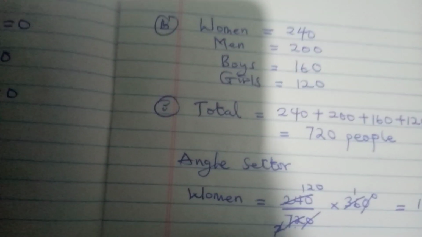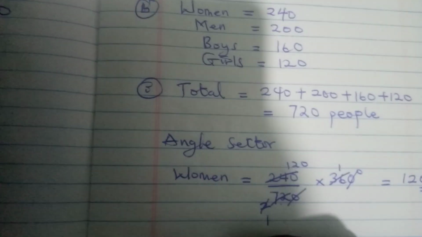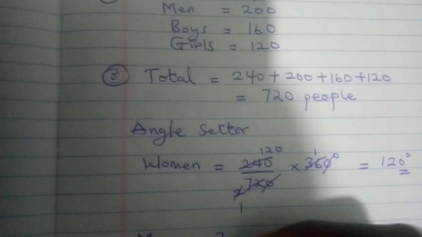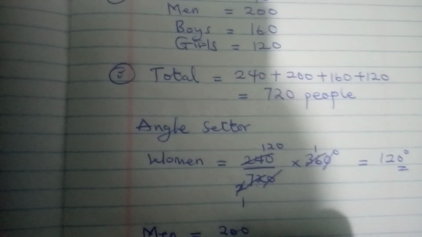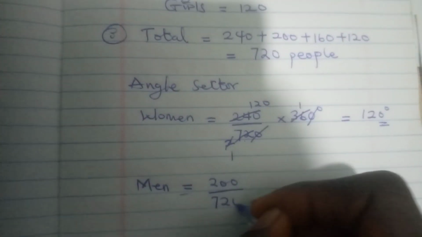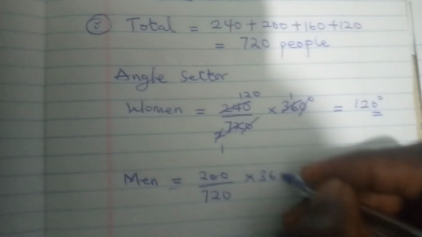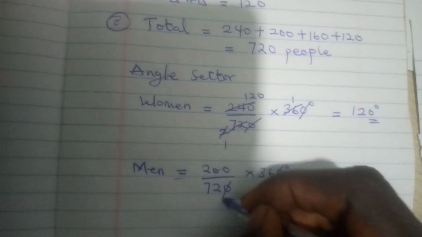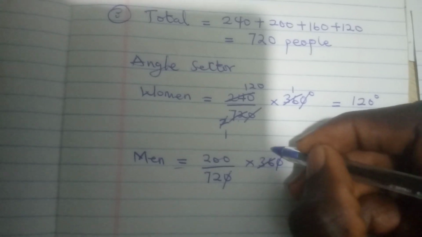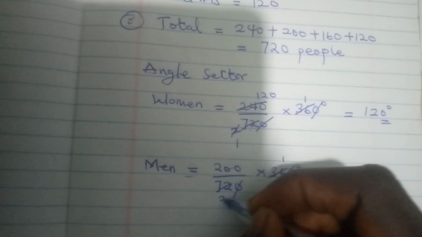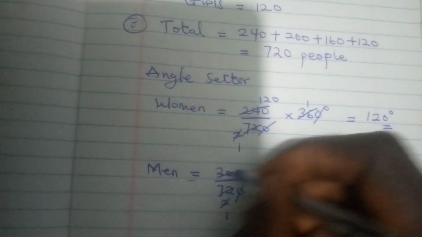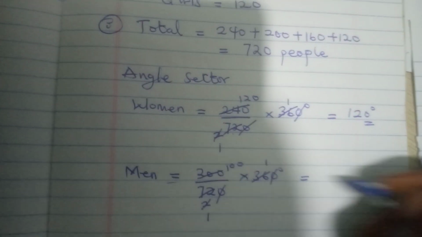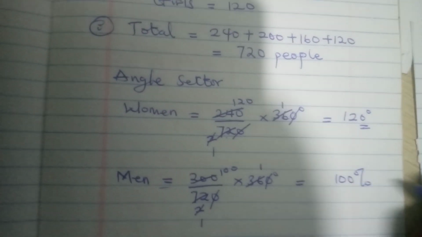Then we go to men. With the same idea, the number of men over the total people times 360 degrees. So we have 0 cancelling 0, 36 here 1, 36 here 2, 2 here 1, 2 here 100. So this is giving you 100 degrees.